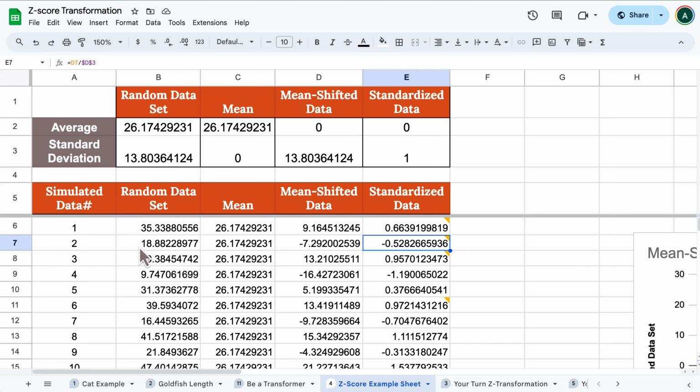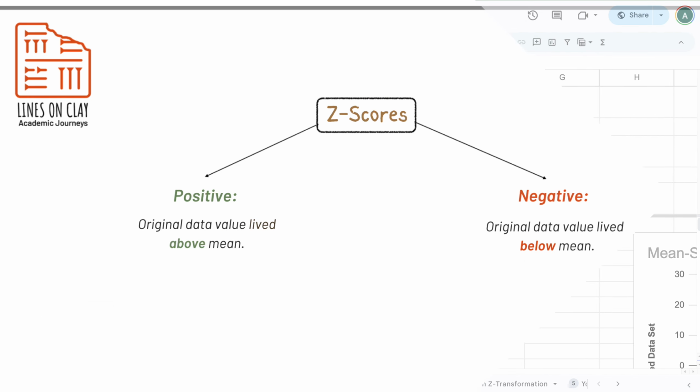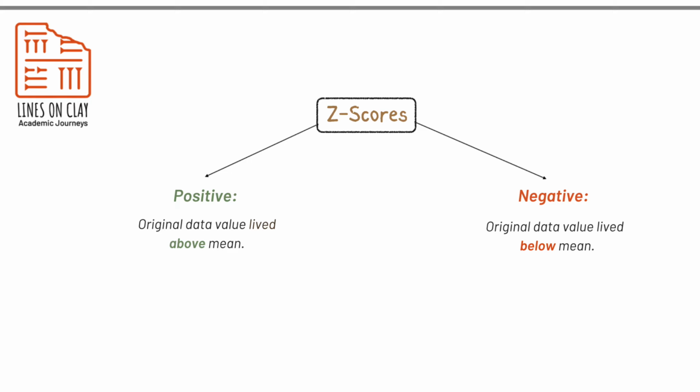In the next data value, we had 18.88, and this z-score of negative 0.52 is telling us that 18.88 lives 0.52 standard deviations below the mean. So positive z-scores tell us that our original data value lived above the mean. Negative z-scores tell us that our original data value lived below the mean.